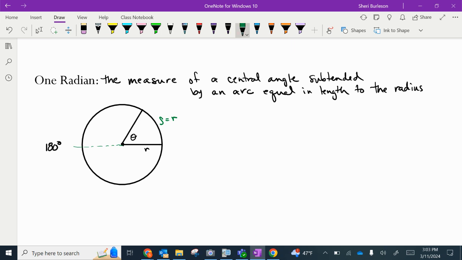So now I'm going to mark off 1 radius, 2, 3. So 180 degrees is approximately 3.14 radians.